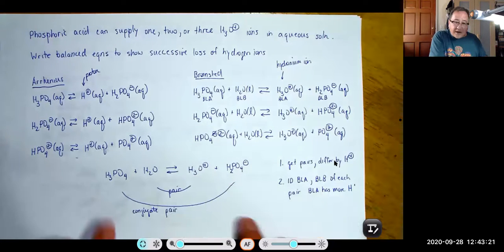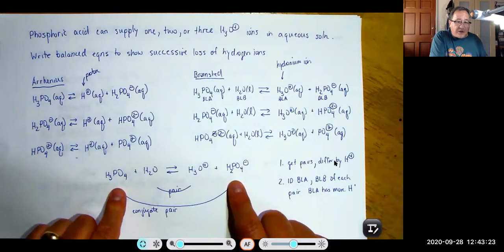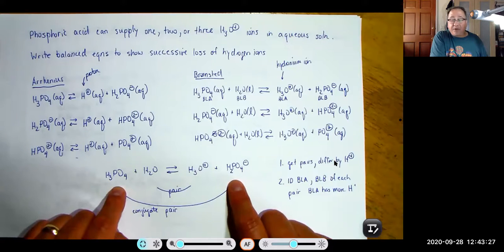So here's a pair. Which of these two is the Bronsted-Lowry acid, left or right? If you think it's left, go slower. If you think it's right, go faster. We're asking which is the acid. Go slower for left, go faster for right.